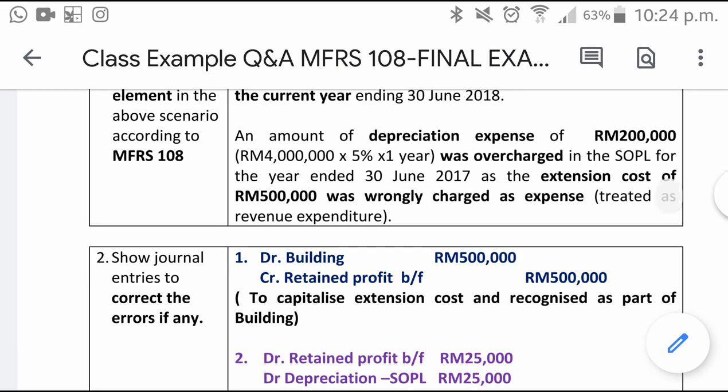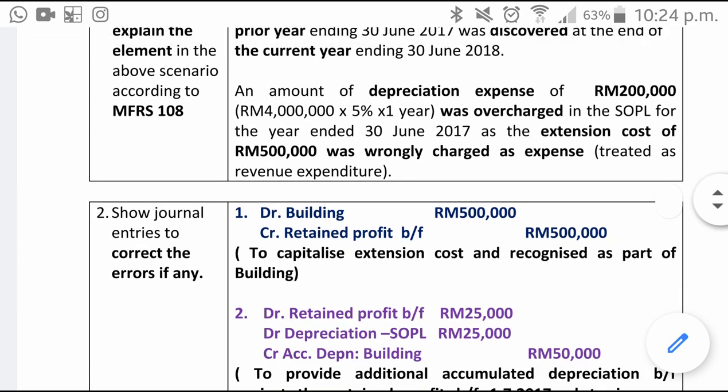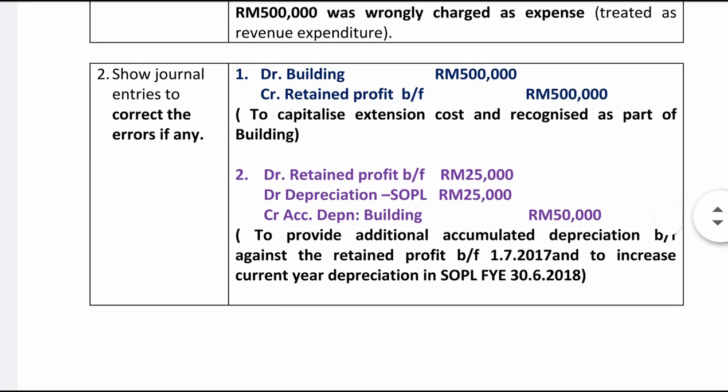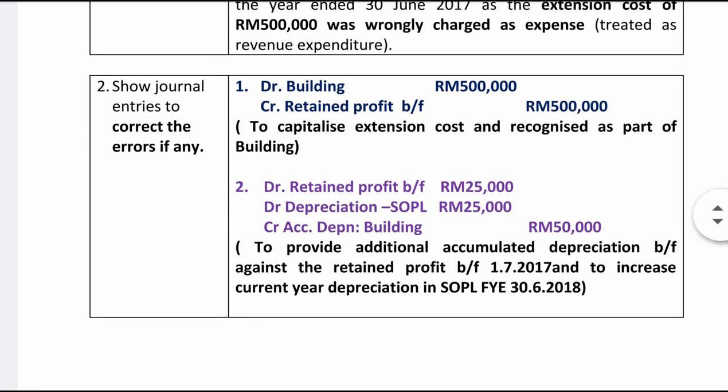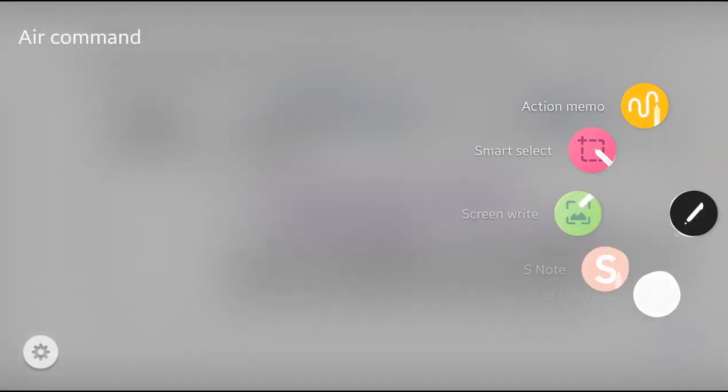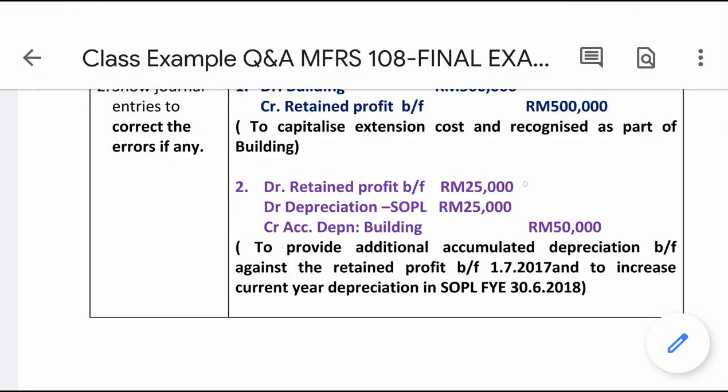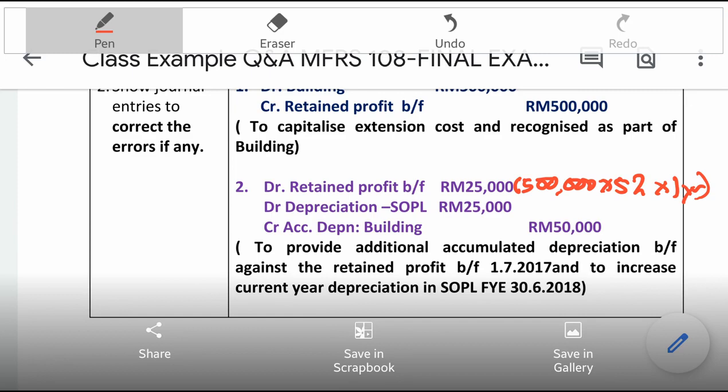If you go up there, you can see that the percentage of the depreciation is 5%. So what you will do is 500,000 times 5% times 1 year, because it is on a yearly basis. So the one that was undercharged, you have 25,000 depreciation.